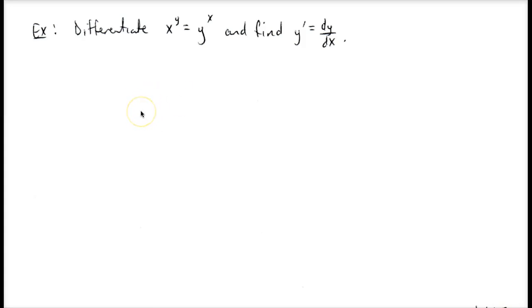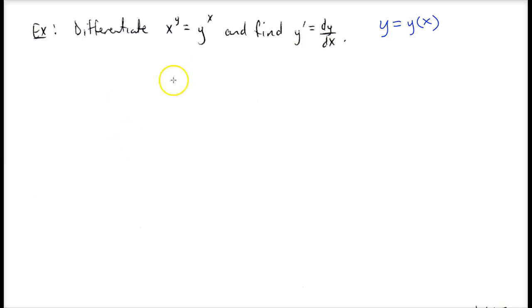All right, so for our next example here, this is an example of an equation where the equation is not a function, but we're assuming here that y is going to be a function of x. So the variable y is a function. We just don't know explicitly what it is.